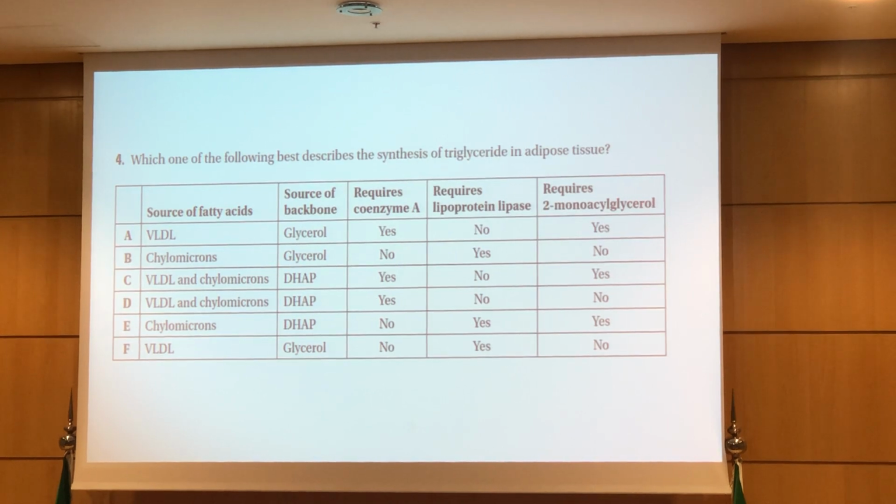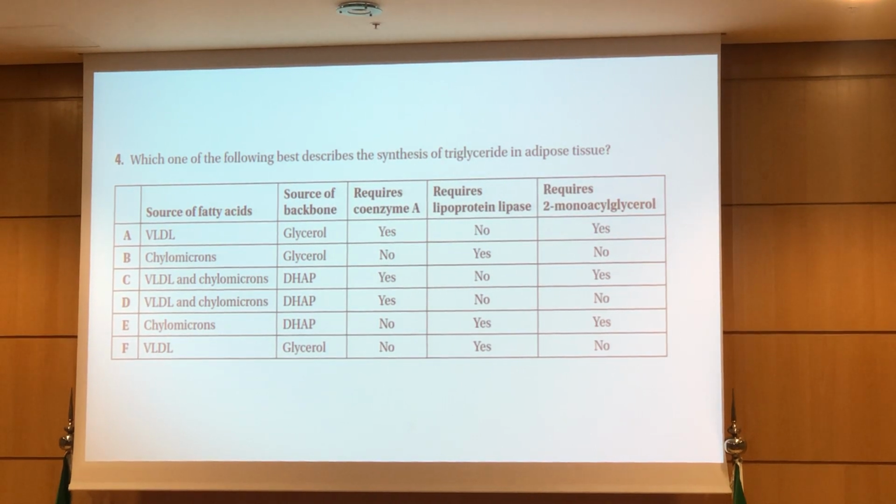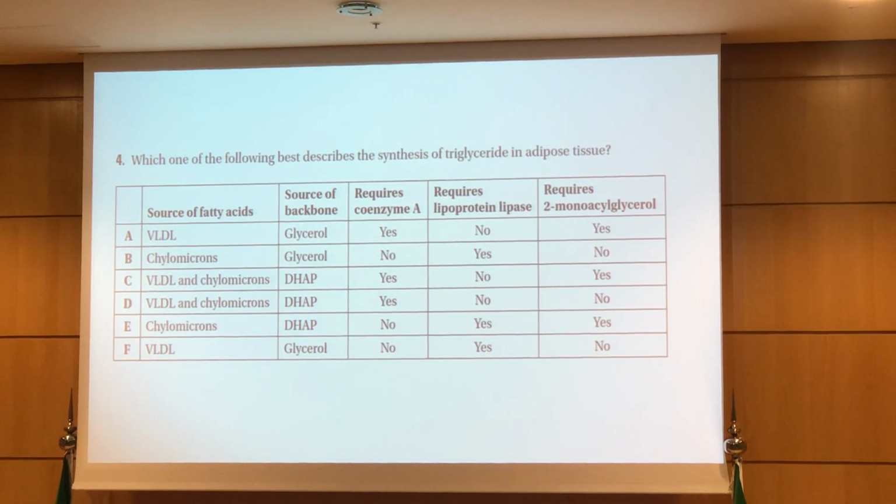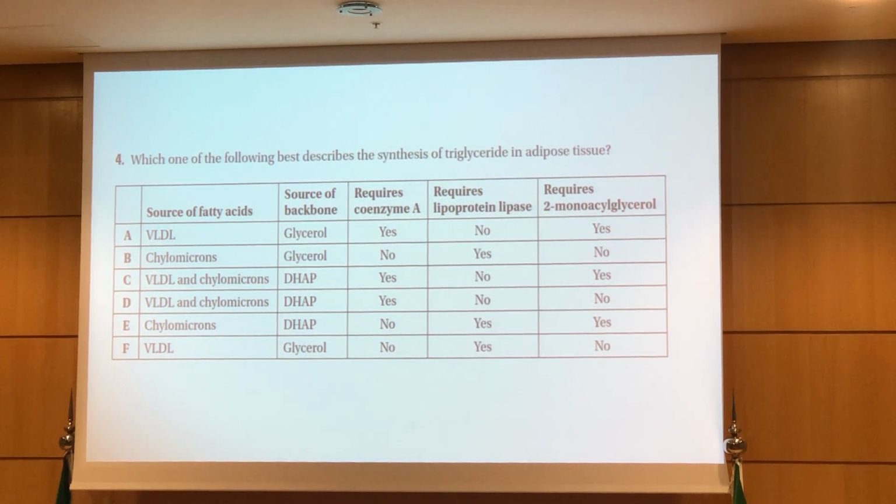Okay, next question. Now this is the one where you have to look at various things. Which of the following best describes the synthesis of triglycerides in adipose tissue? In adipose tissue, the first column says source of the fatty acid.